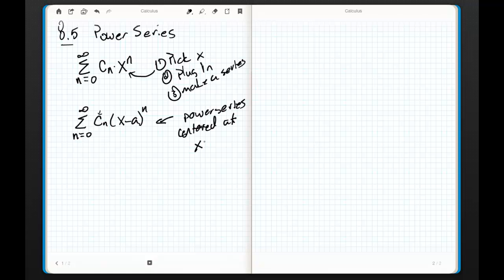All right, now, for those of you that have had me for pre-calculus or algebra 2, the idea of centering something at x equals a is kind of intuitive. It's kind of like if I were to take f of x equals x squared. We can all visualize that, right?